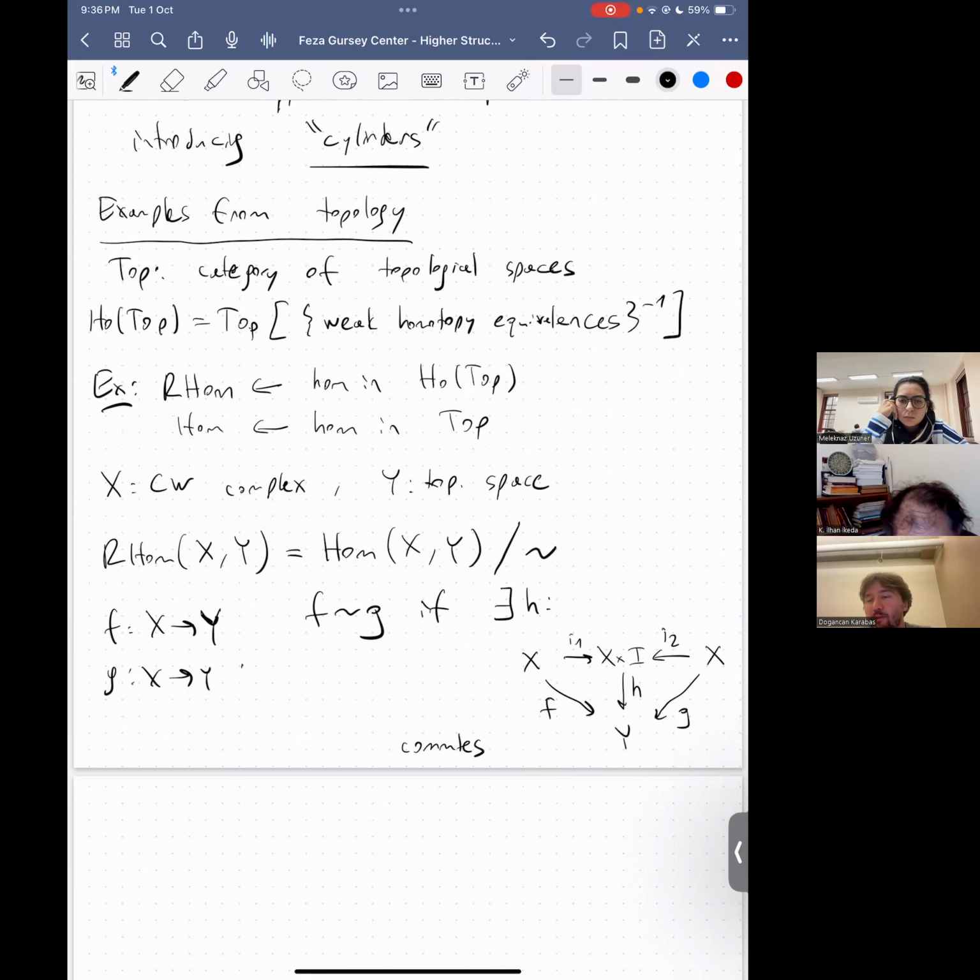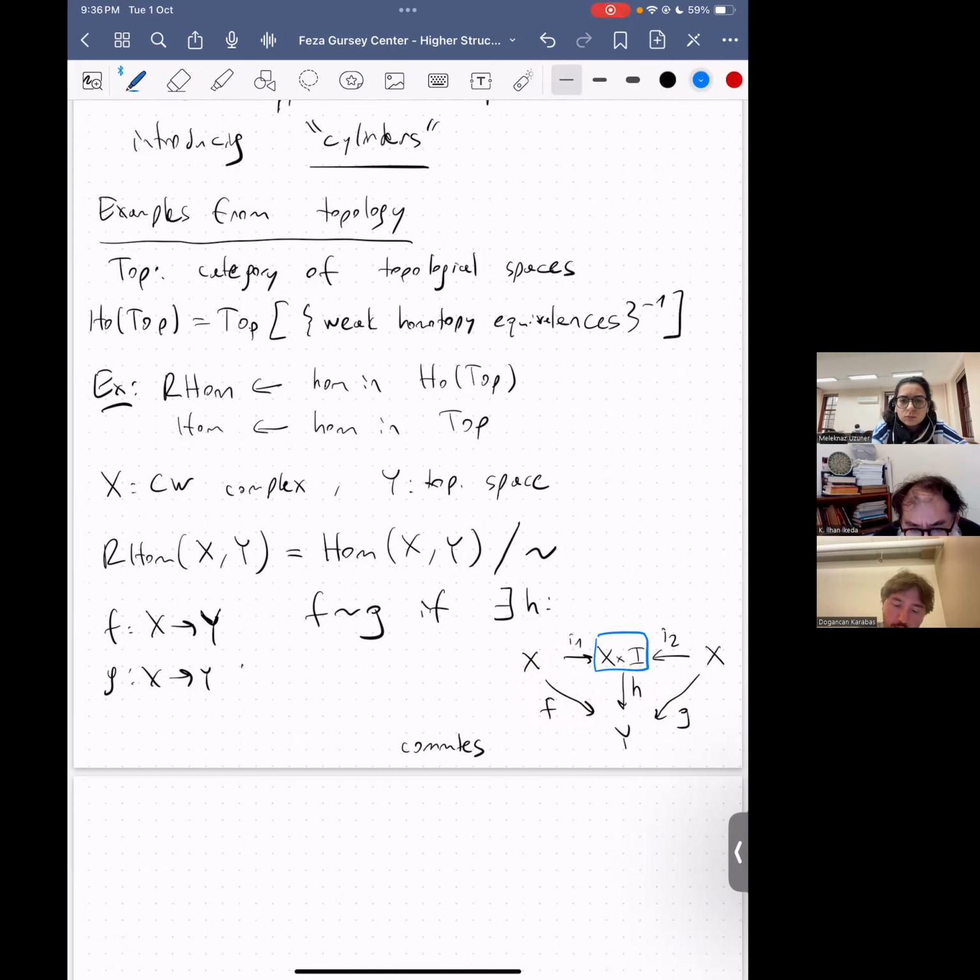This is the typical homotopy definition that everyone knows from undergrad maybe. F and G are homotopic if, with I1 and I2 just inclusions, and X times I, where I is the interval here. So this is actually what?